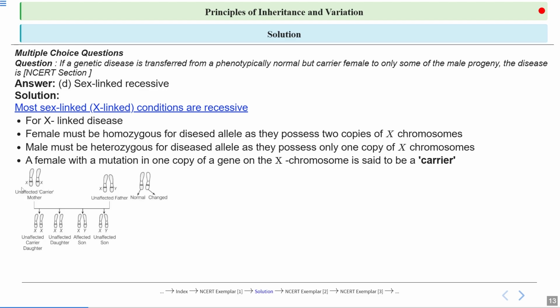Okay, so what you have to do here: the female is a carrier, which means the female is heterozygous. On one of the X chromosomes there is a mutation, on the other X chromosome there is a normal gene. The father is normal.